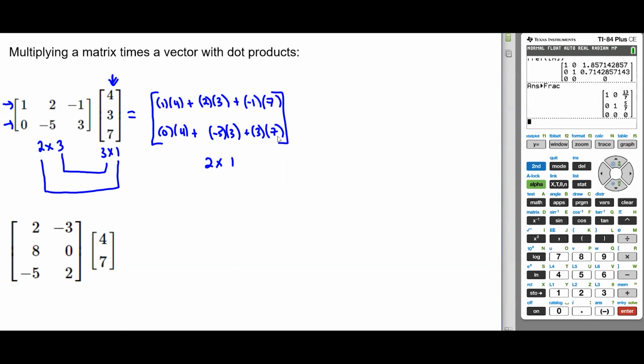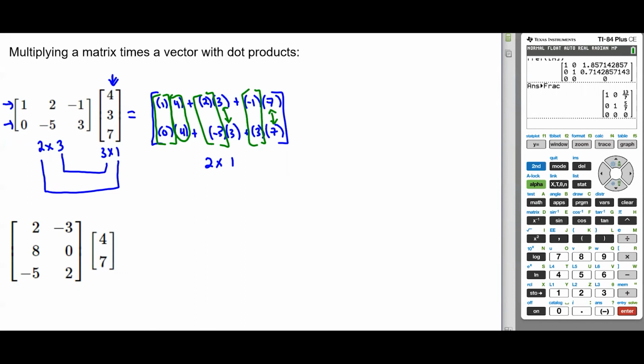And just to point out, this is equivalent to what we did before. See, this is 4 times the vector 1, 0, times that first column. And this is 3 times the second column, and 7 times the third column. So it's doing exactly the same thing that we did before.